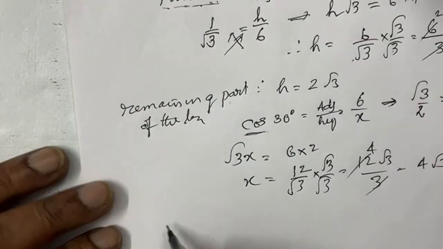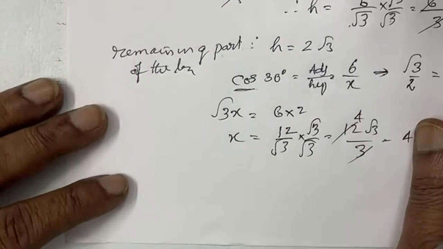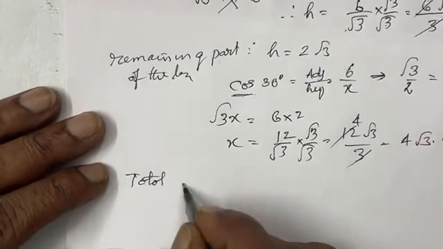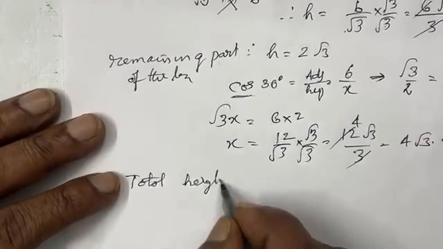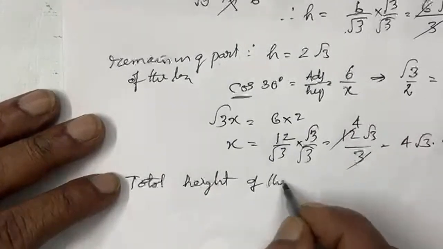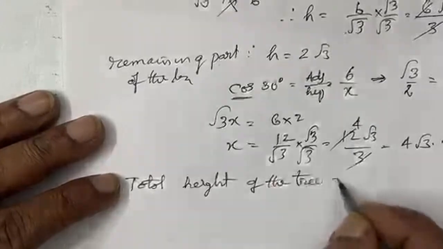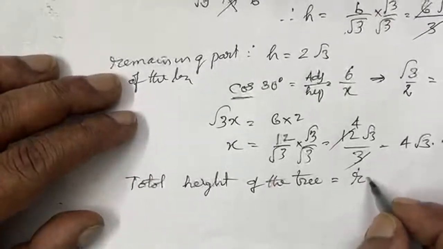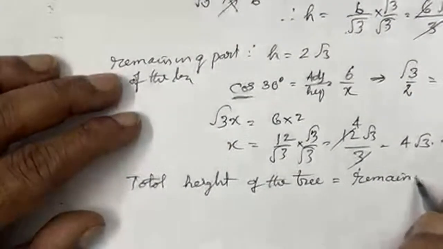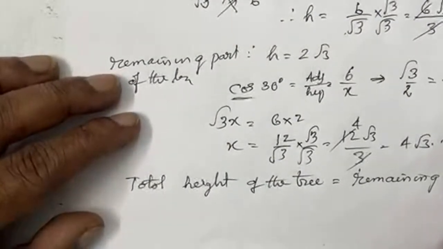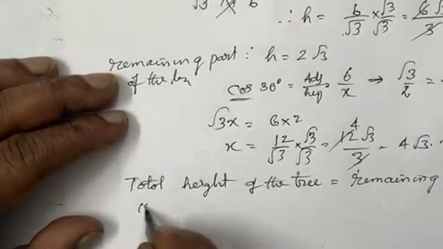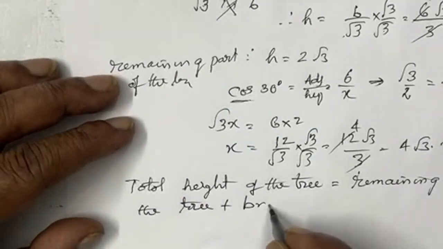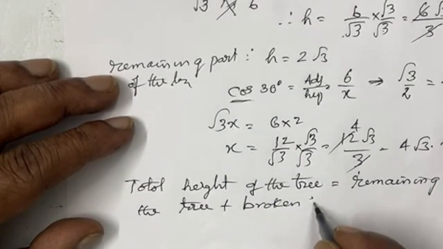Now we have to add the total. Total height of the tree is equals to remaining part of the tree plus broken part of the tree.